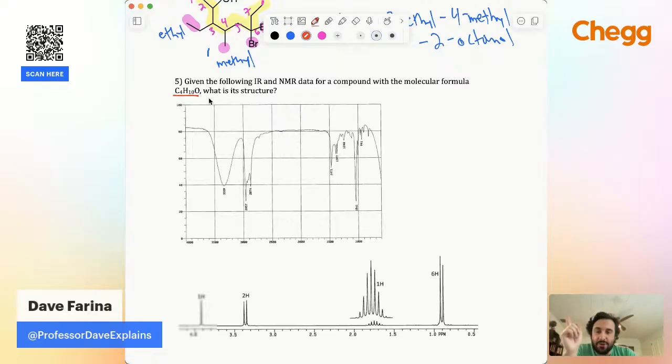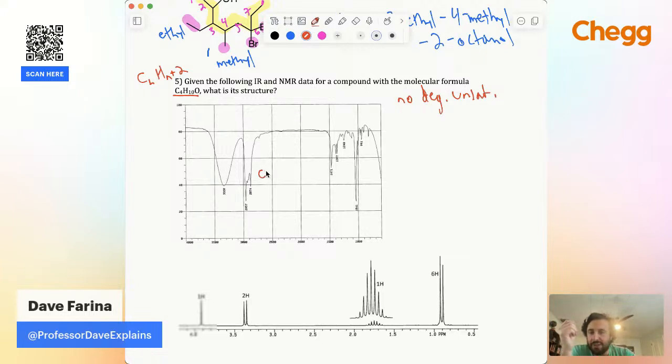And then another important thing here is that we have no degrees of unsaturation, because this fits the CnH2n+2 formula. So there are no pi bonds. So already we're thinking the oxygen probably is not a carbonyl oxygen. But we can confirm it here.